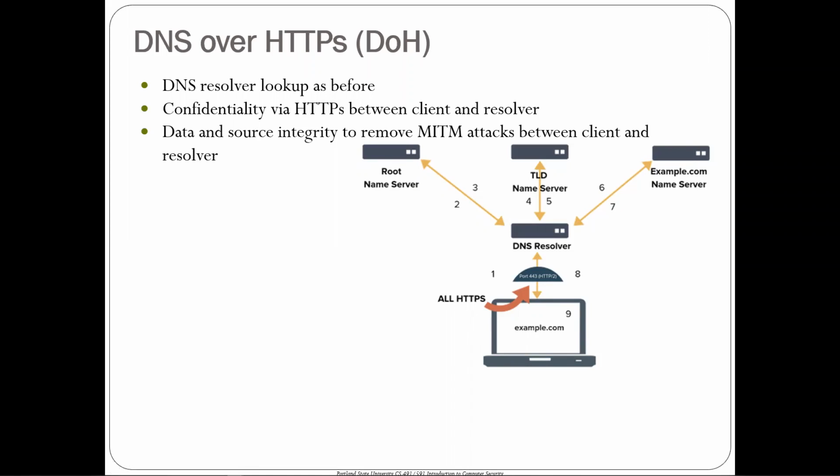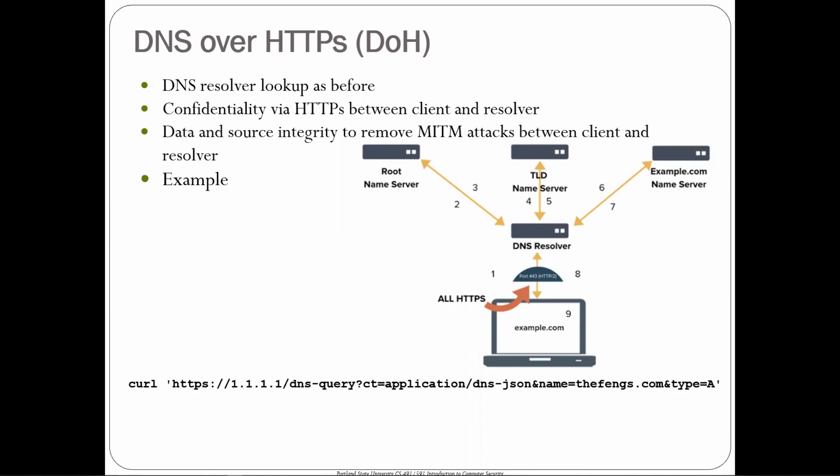Here's an example of how you would change your lookup on the client to do DNS over HTTPS. Rather than doing a name resolution as you would before, you could just curl the URL for, say, your local DNS server. I'm just going to go to basically a REST API endpoint, and I'm going to say, hey, I'm going to hit this DNS query endpoint, and this is the query.